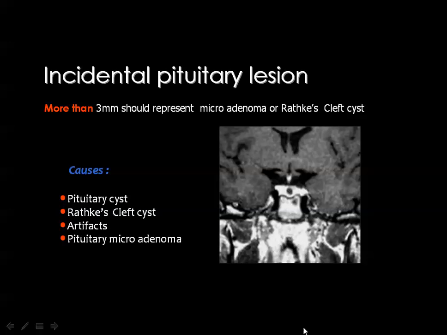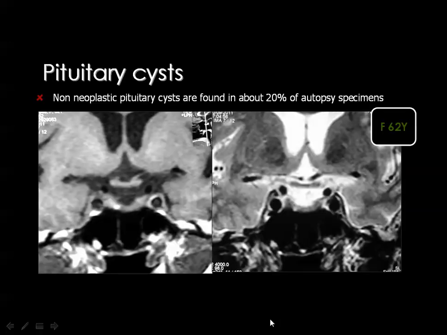Sometimes you are able to do this, but we used to diagnose lesions within the pituitary gland as microadenomas until proved otherwise. And if you look here, you can see this is the pituitary gland, which is somewhat flattened, and there is a small lesion which shows bright signal in T1 and bright signal in T2.